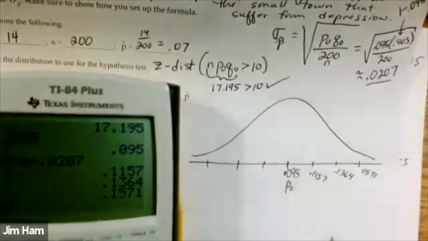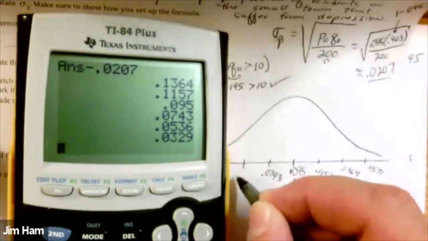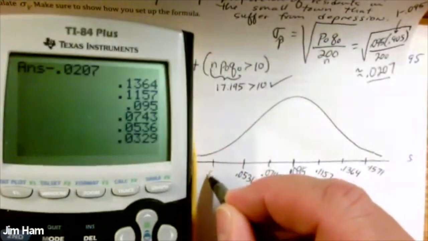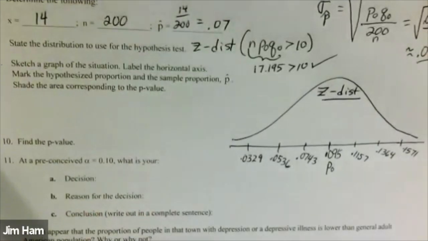Going on the other side, we have 0.0743, 0.0536, and 0.0329. All right, this sampling distribution contains billions and billions of possible p-hats. When we do a study, we just collect one.